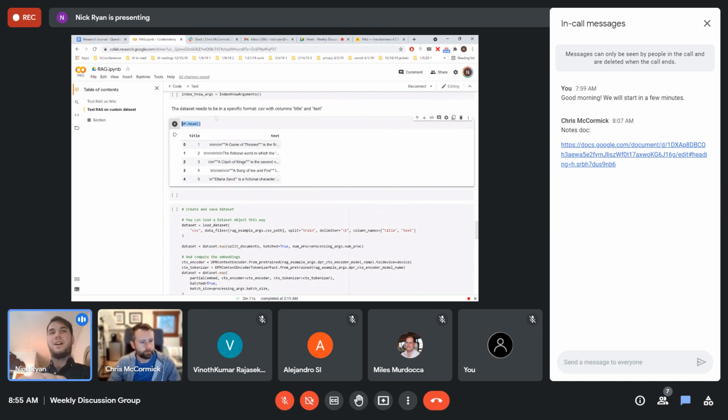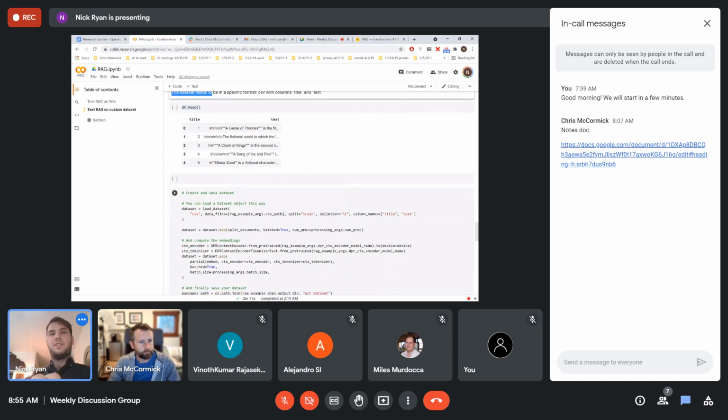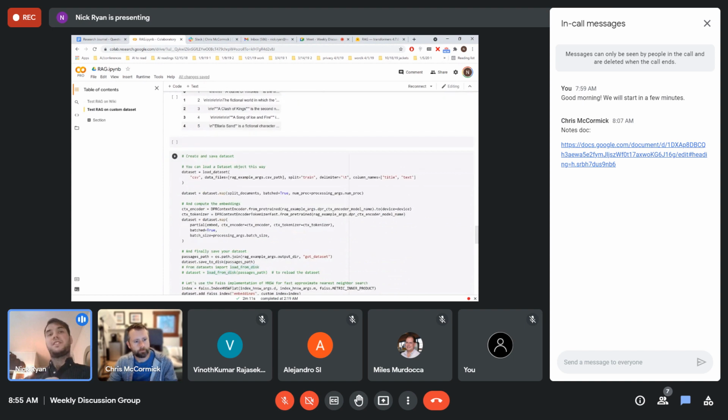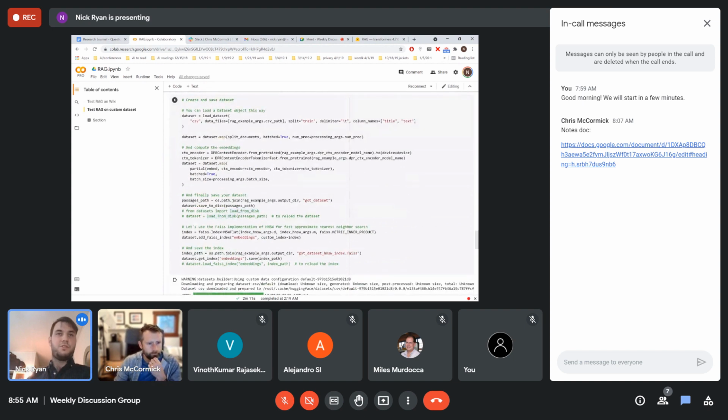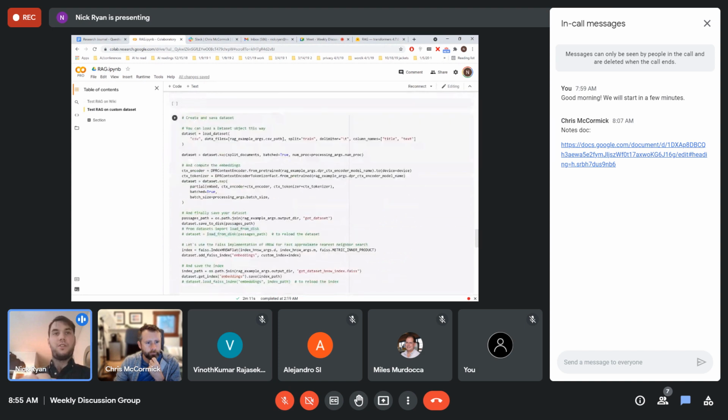So you need to create a CSV with these very specific parameters, and this is how the next portion works, which just wants to convert this text into a FAISS index and be able to refer back to the text when it's time to feed to the generator. This is just the format it requires.